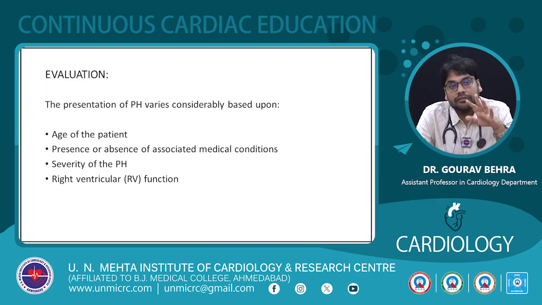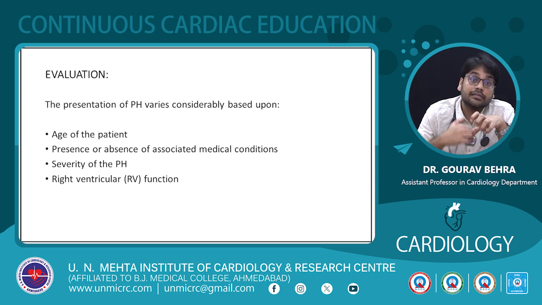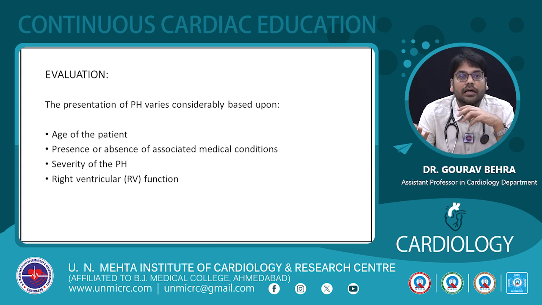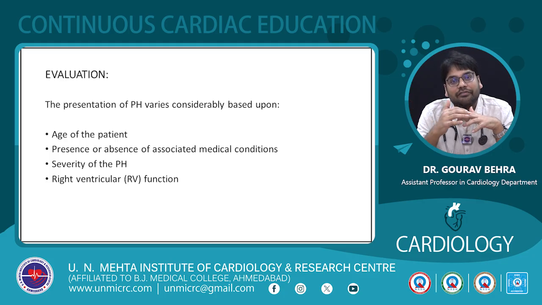Fourth, the RV function, how the RV is functioning. If the PH is so severe that it has caused the RV to fail, you will have symptoms of RV dysfunction. So these are the parameters that you will look at in a patient with PH.